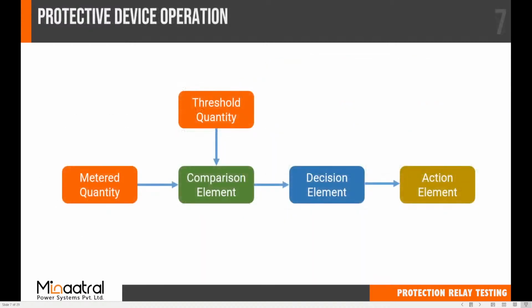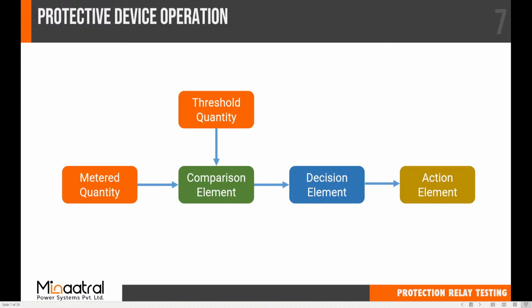So if I were to draw the operation of a protection device, what do I get? I essentially have a comparison element in the heart of it, right? So a comparison element just compares two quantities. One is the metered quantity or your measured quantity, and it compares that with your threshold quantity.